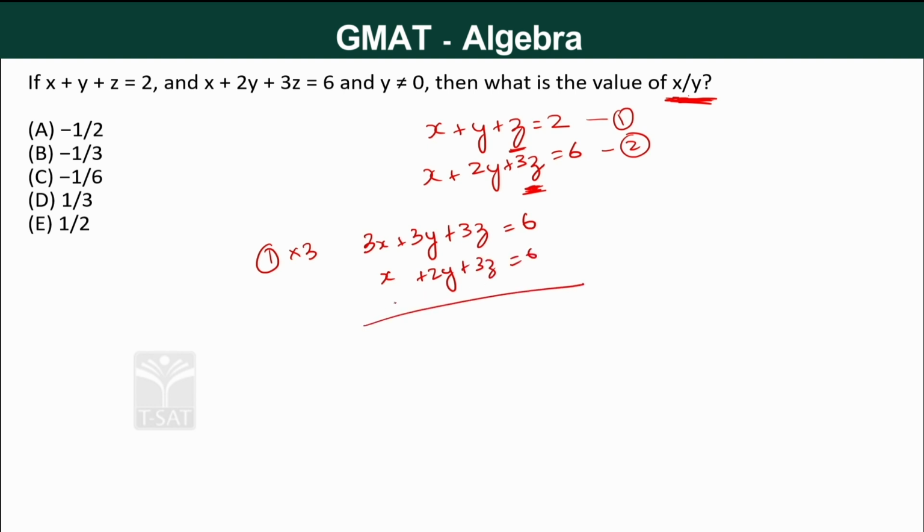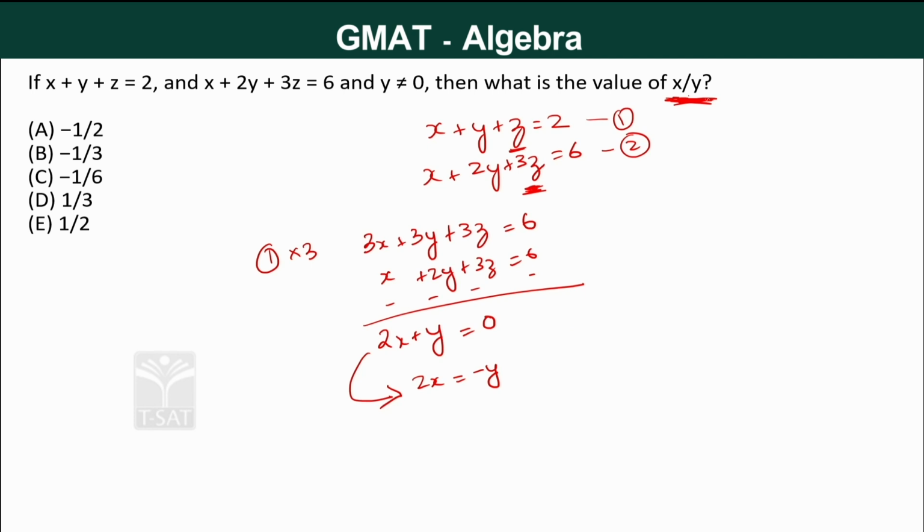Now I want to subtract equation number 2 from equation number 1. We will be left with 2x plus 3y minus 2y, which is y; 3z and minus 3z get cancelled, and on the right hand side it is 6 minus 6, so it is 0. So we have 2x plus y is equal to 0, which can also be written as 2x is equal to minus y.